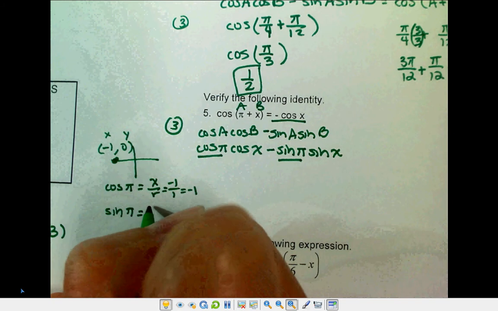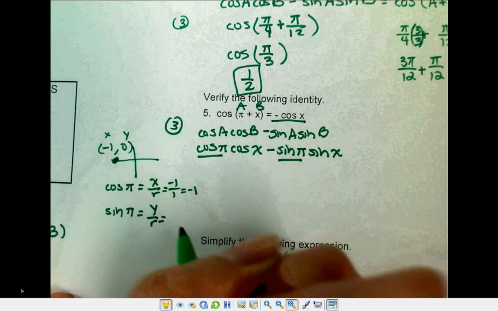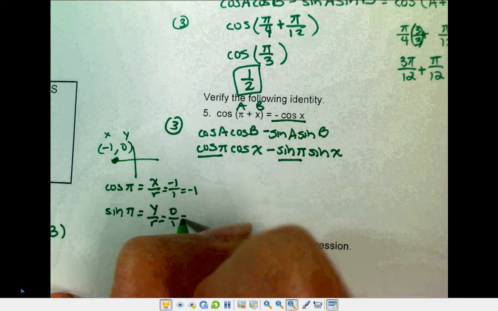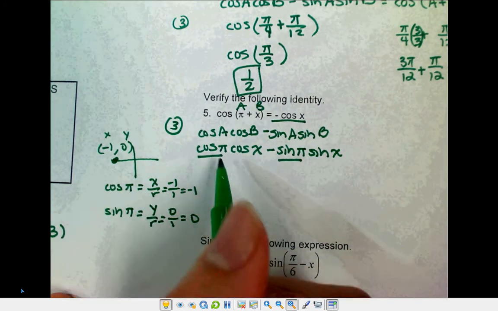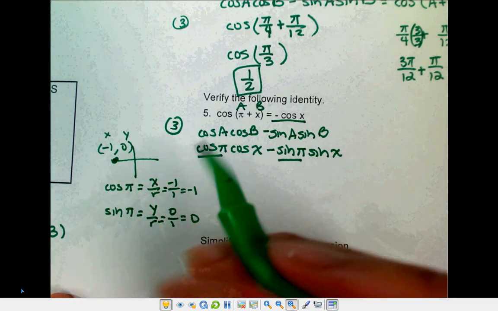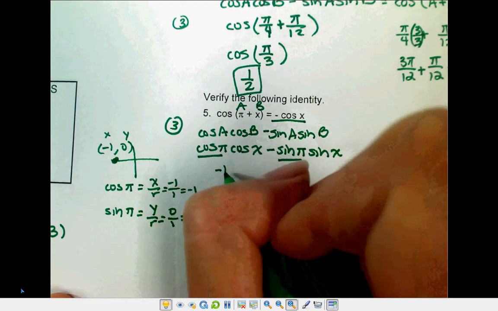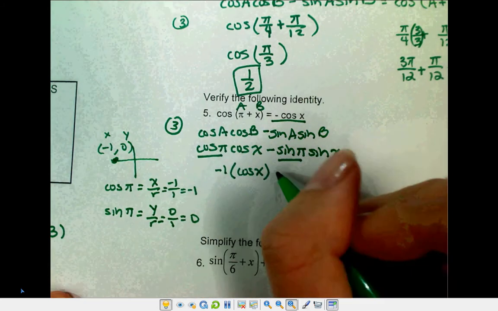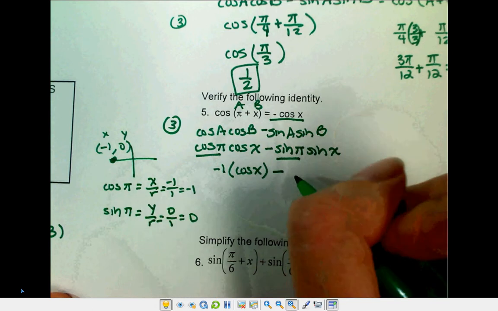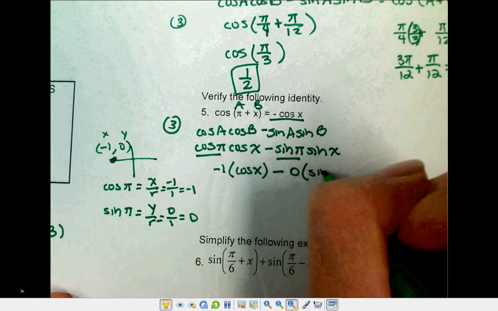Sine of pi, sine is y over r. Y in this case is 0. So 0 divided by 1 gives me 0. And I'm just going to plug these two in. So if cosine of pi is -1, this is -1 times cosine of x minus sine of pi, which is 0, times sine of x.